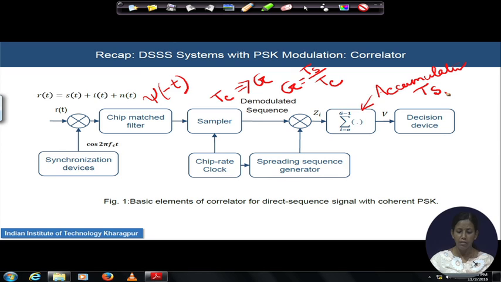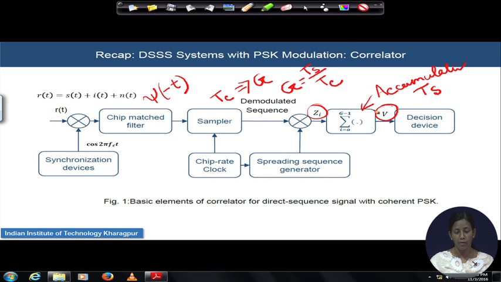We will revisit the waveform part of the transmitted signal, as well as look into the detailed mathematical expressions at all the points, Zi, V, and identify finally how this whole system is working.